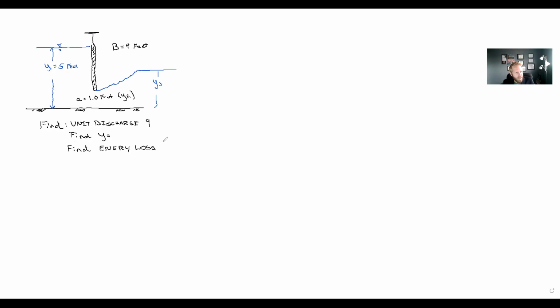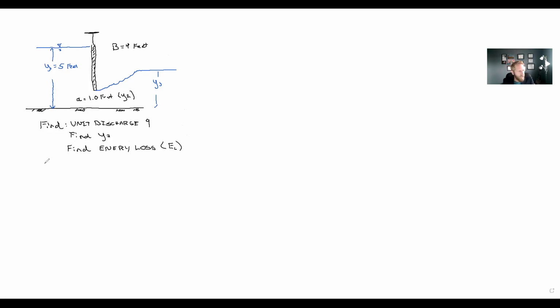Find energy loss. We'll call this E sub L. So if we go into our book on page 396, we have figure 10.19 and equation 10.3.